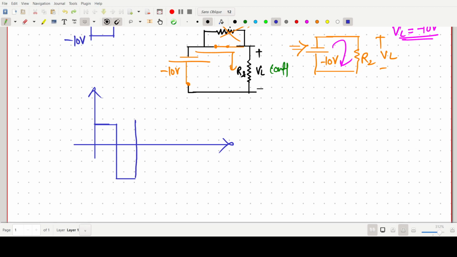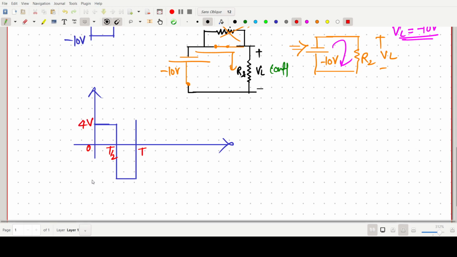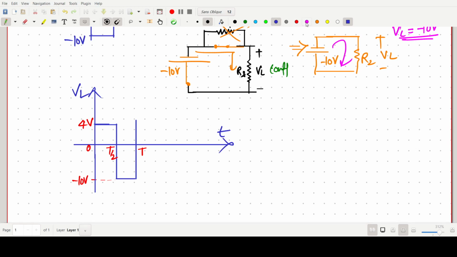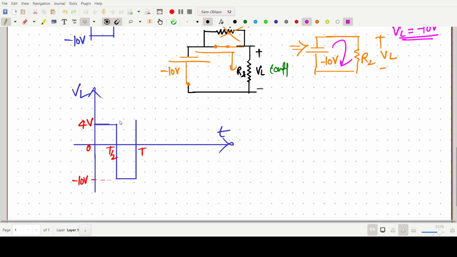Just combining both, we are going step by step. So this should be 0, T by 2, and T. This should be our 4 volt, and this should be our minus 10 volt. Now this one is nothing but simply our VL as a function of T. So now this is the output response of the circuit.